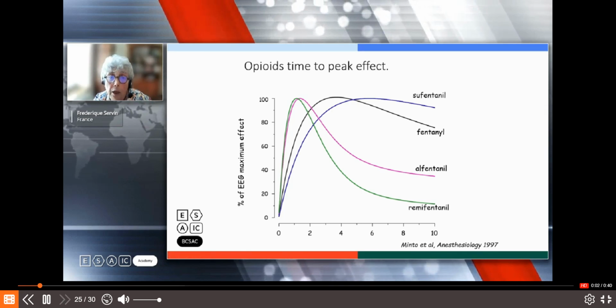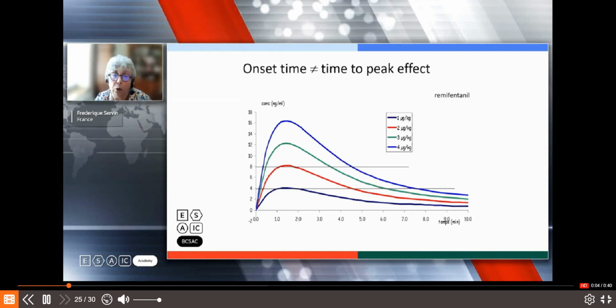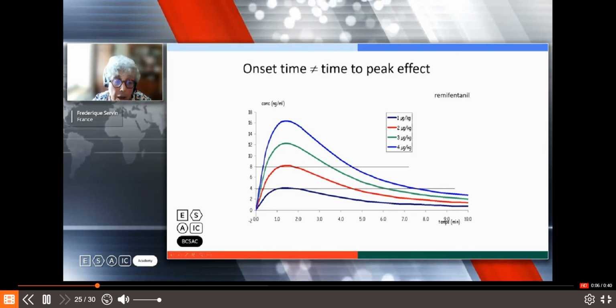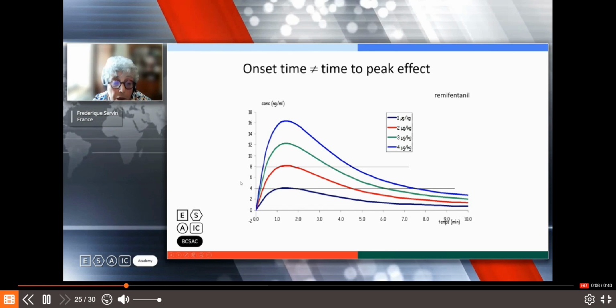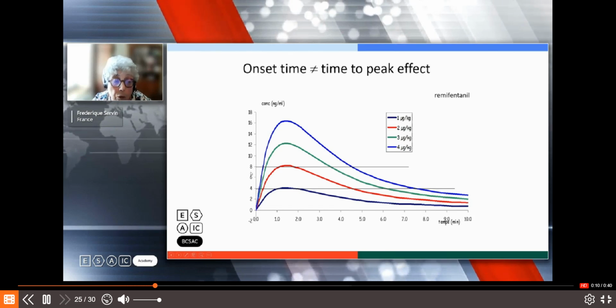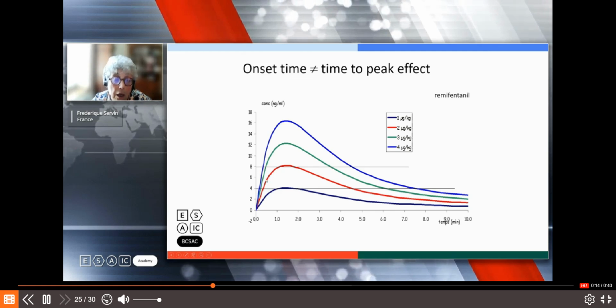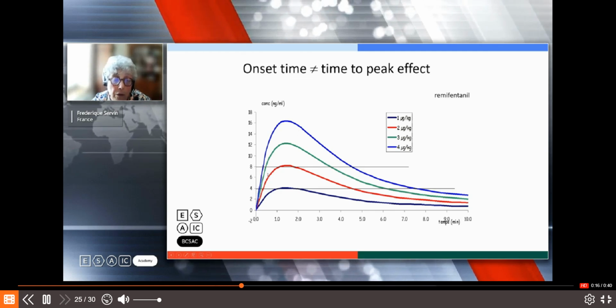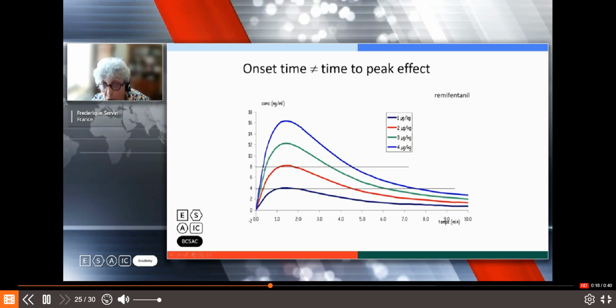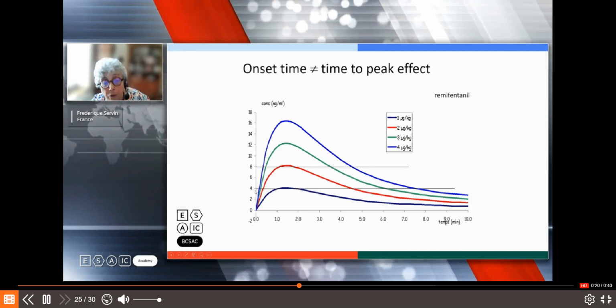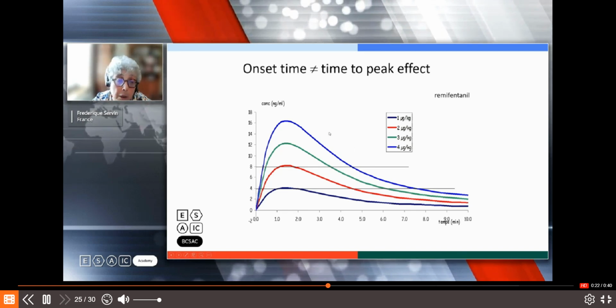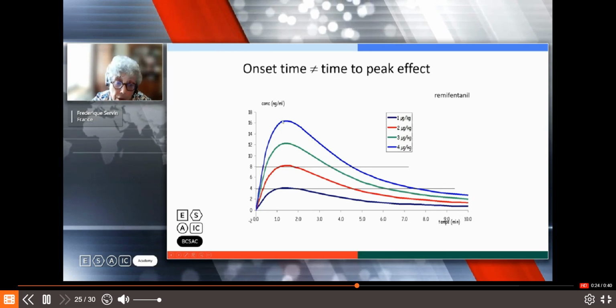Of course, time to peak is different from onset time. And you see here, if you want to reach 8 nanograms of remifentanil, the bigger the dose you give, the shorter the time to reach this concentration. The same for 4 nanograms per mL.